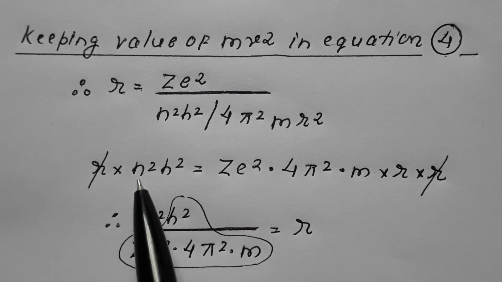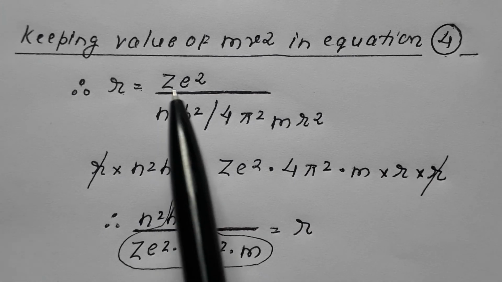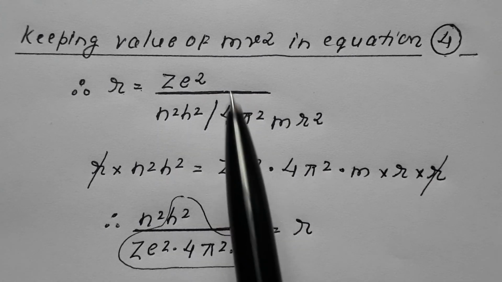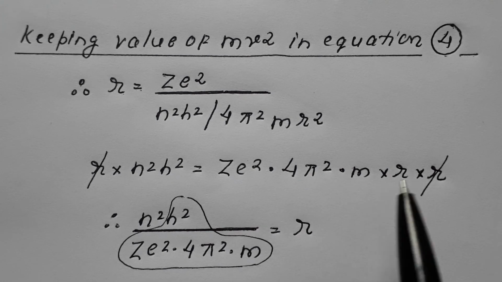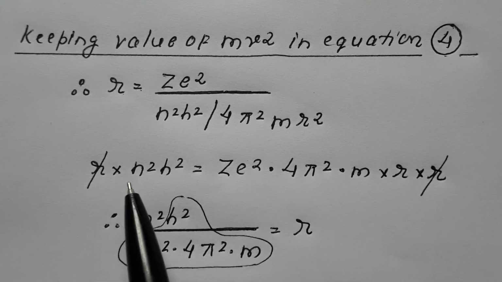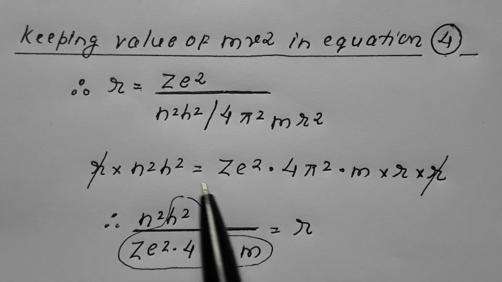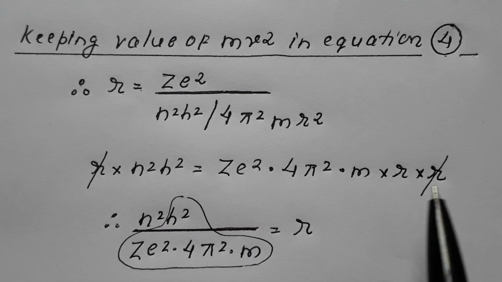So r into n square into h square is equal to ze square into 4 pi square into m into r.